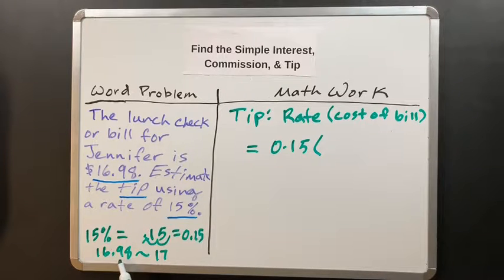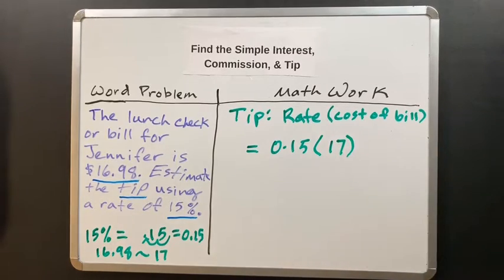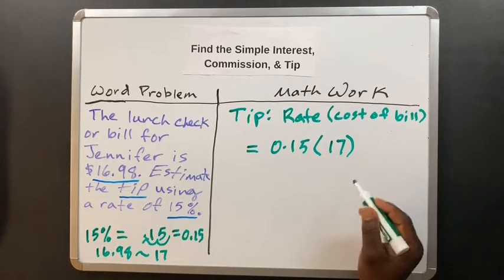That number 9 tells us to make that 6 go higher, up 1, right? Because that 9 is 5 or higher. So we estimated the check to be $17, so we'll use the bill of $17. So we did that using estimate, so we don't have to deal with all those numbers. So we estimated the cost of the bill.